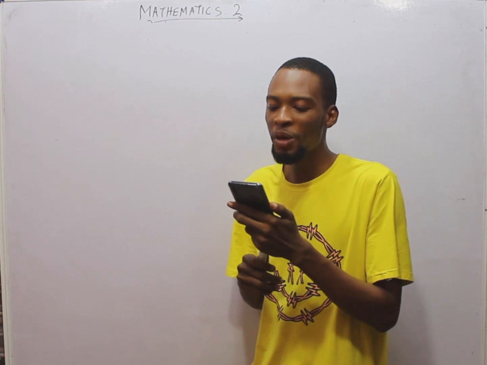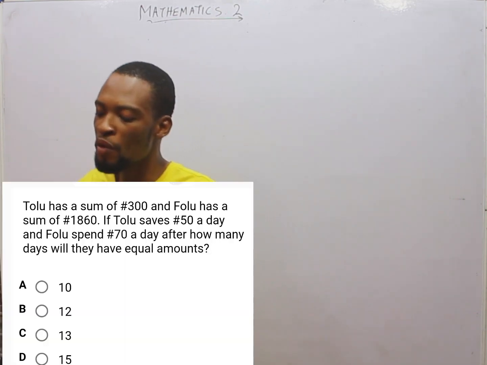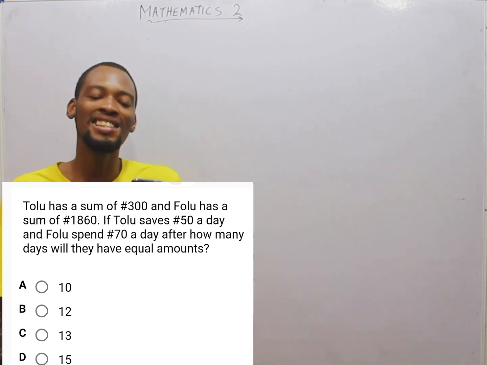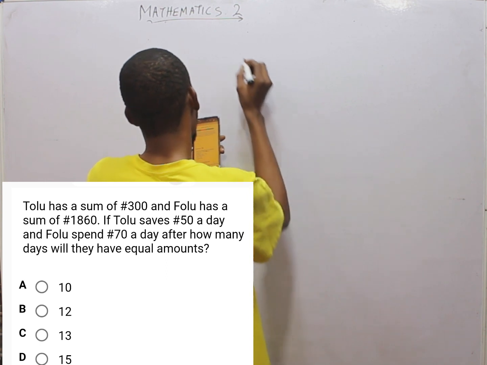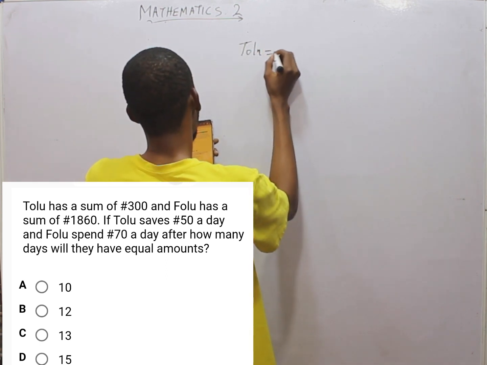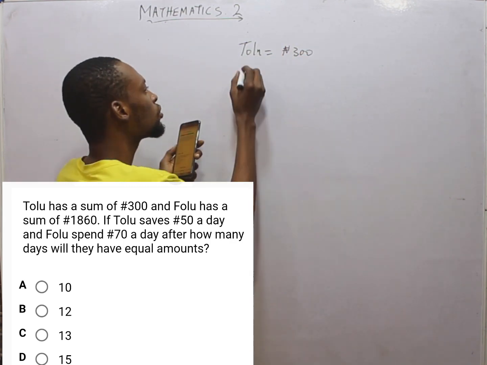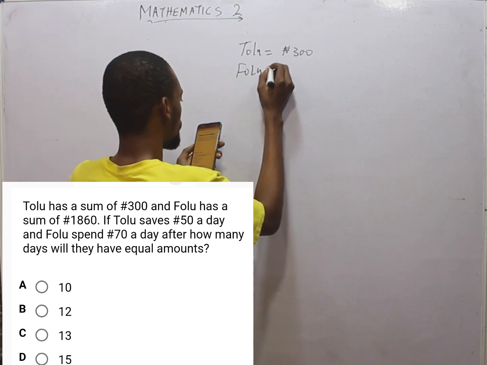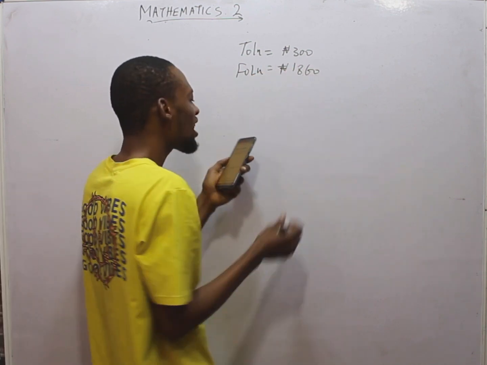Tolu has a sum of 300 naira and Folu has a sum of 1,860 naira. So let's say Tolu is equal to Folu now.